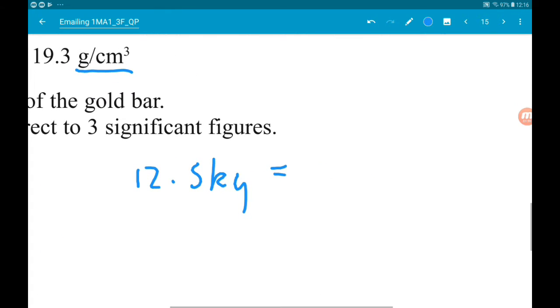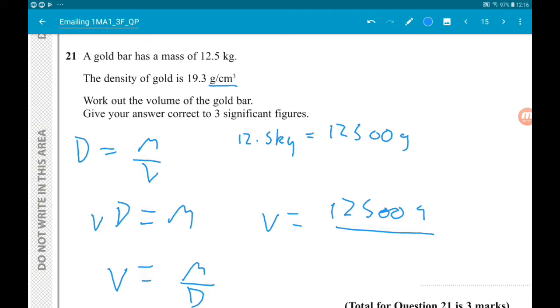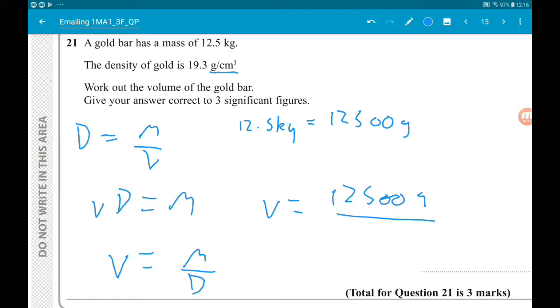So 12.5 kilograms is 12,500 grams. So the volume is 12,500 grams divided by 19.3 grams per centimetre cubed.